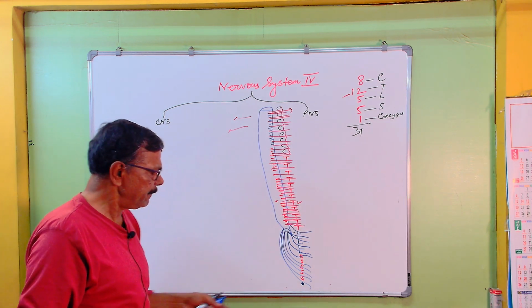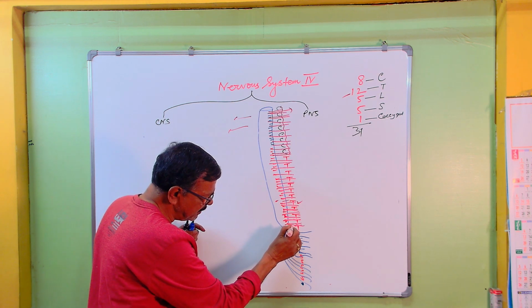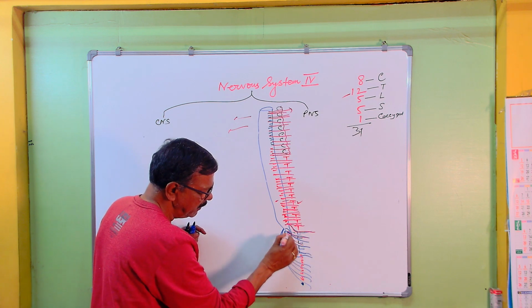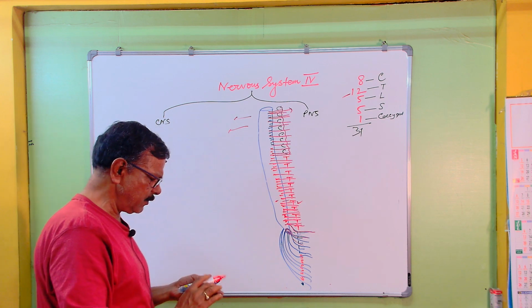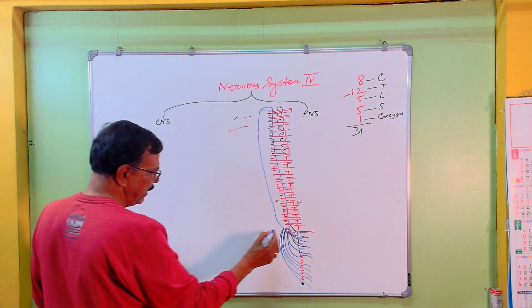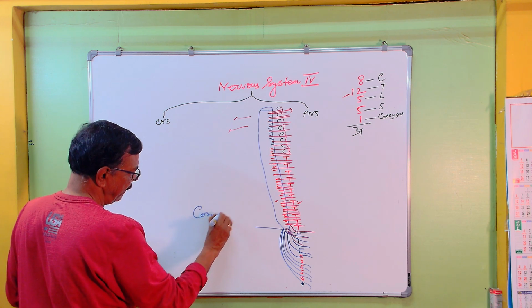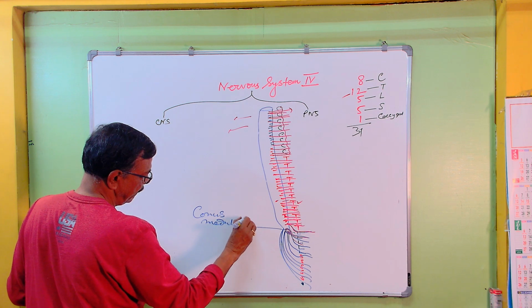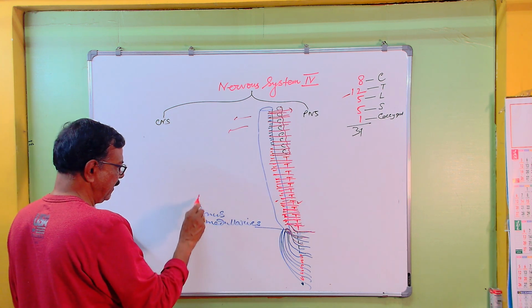But thereafter, from the lumbar, the nerves come downwards and go out, forming a tail-like structure. This area is known as the conus medullaris or horse tail.